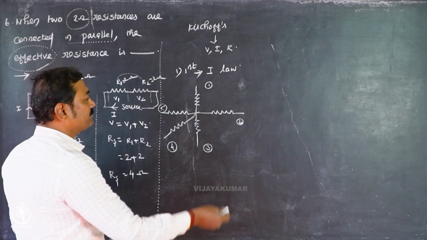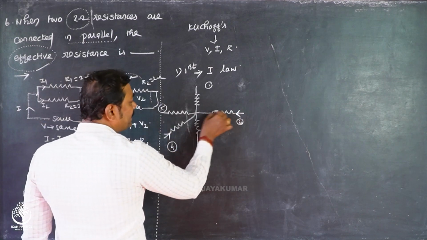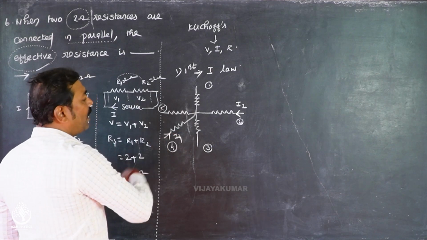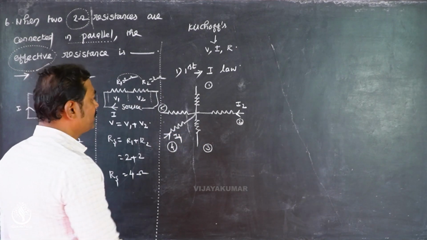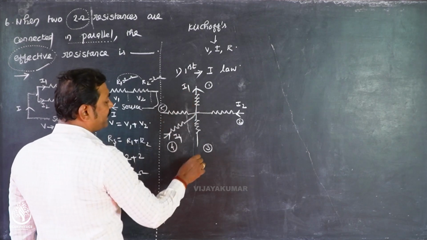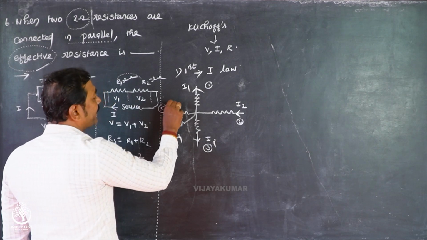I want to consider the second and fourth. The current is moving towards the junction. I2 and I4 are moving towards the junction, and in the other arms the current is flowing away from the junction. Just see the arrowhead.